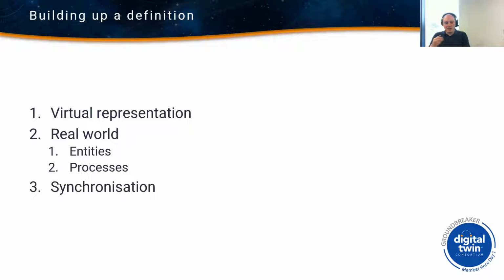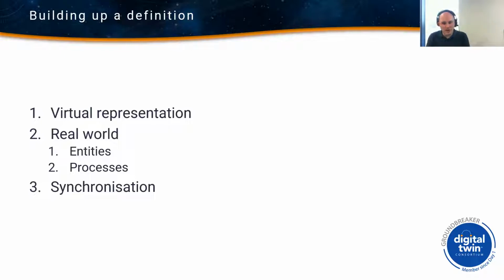Then, from my perspective, the most important phrase in the whole definition of a digital twin is synchronization. The lack of synchronization in a system means that it will not be a digital twin. This is a clear qualifying criterion: if your virtual representation is not synchronized with the real world in both directions, then it does not qualify.